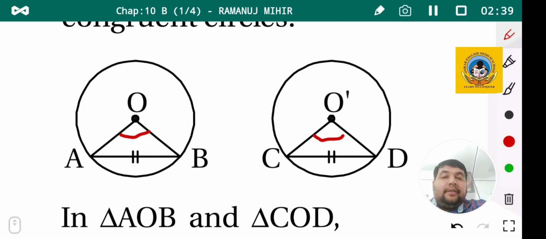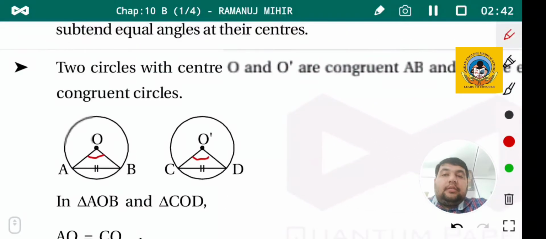So let us see, first of all, the name of the circle is not given, and the name of the chord is also not given. So we have to first define everything. The first circle with center O, the second circle with center O dash, because nothing is given in the question. Only the statement is given. So first of all, we have to say that two circles with centers O and O dash are congruent.